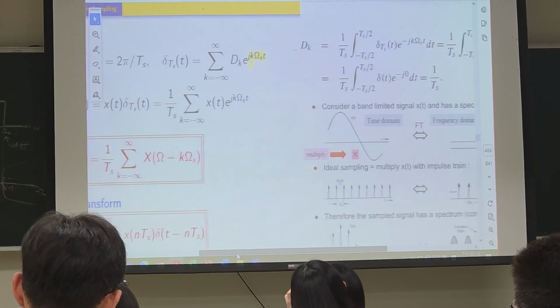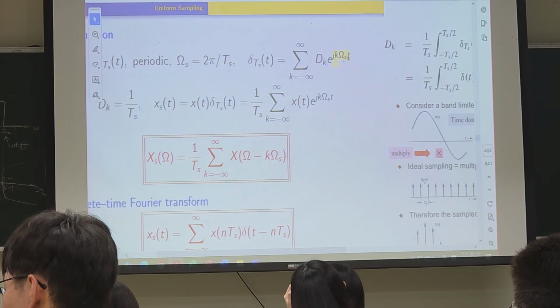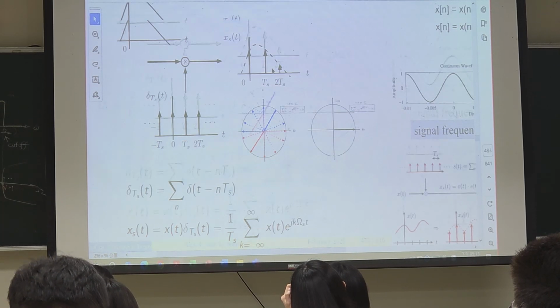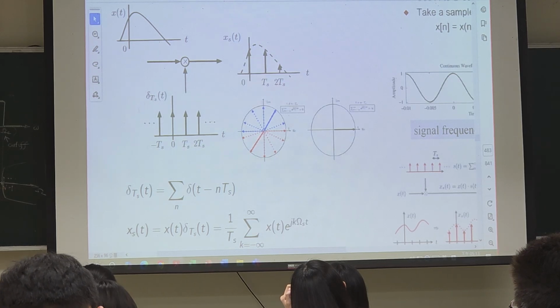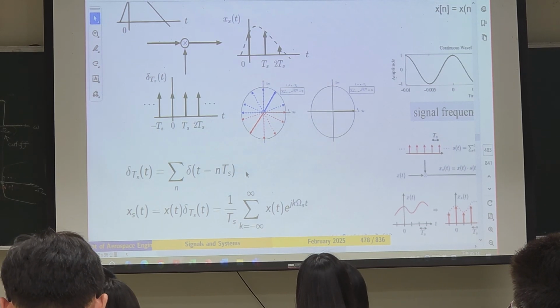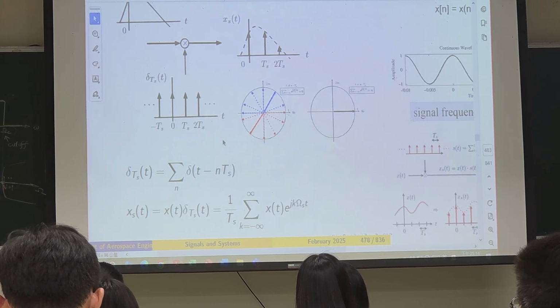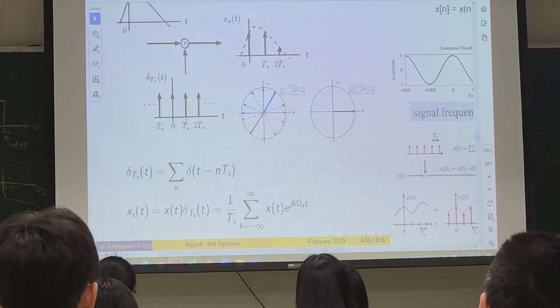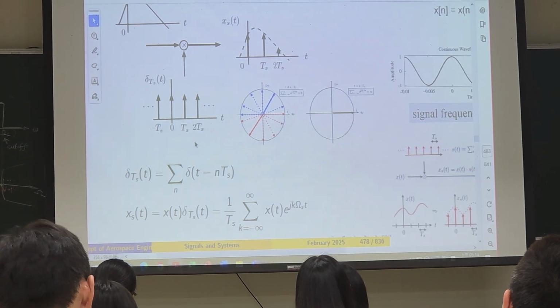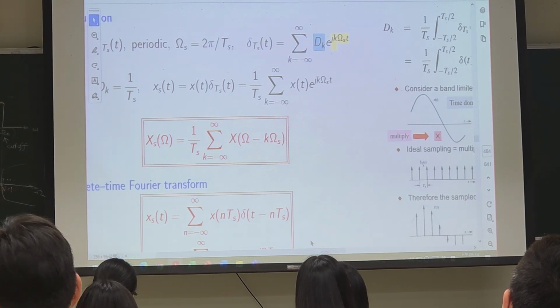Originally, we want to find the coefficient in the impulse strength, delta of t minus n Ts. Okay, this is the impulse strength. And since this impulse strength is a periodic function, it repeats. The period is Ts seconds.